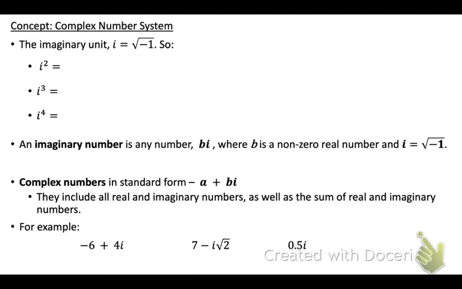But we have to deal with what happens when we get i squared. Well, i squared would be the square root of negative 1 squared. Yes? What happens when you square a square root? Don't you get what's inside? Yeah. So i squared equals negative 1.